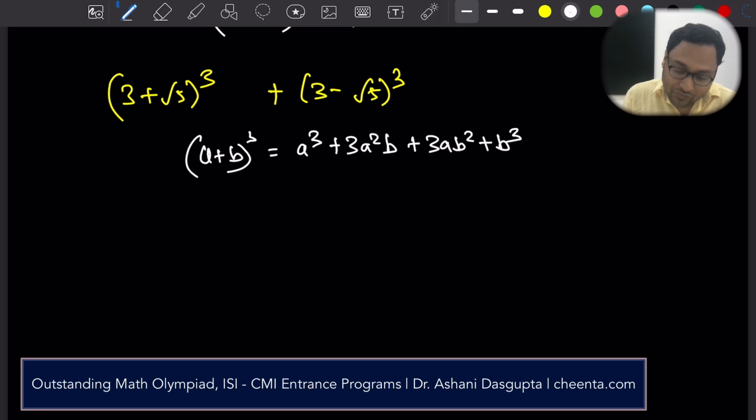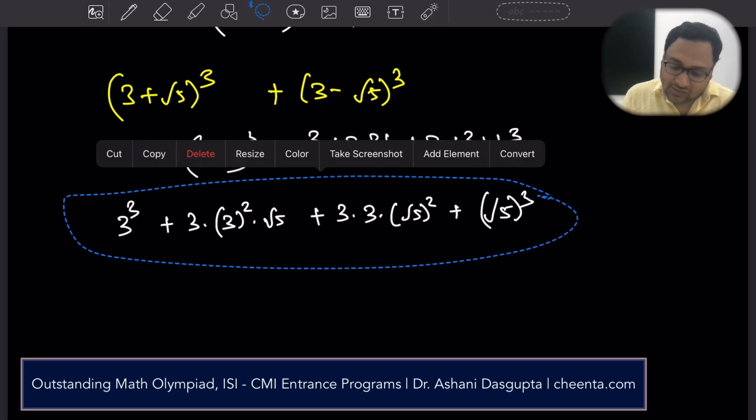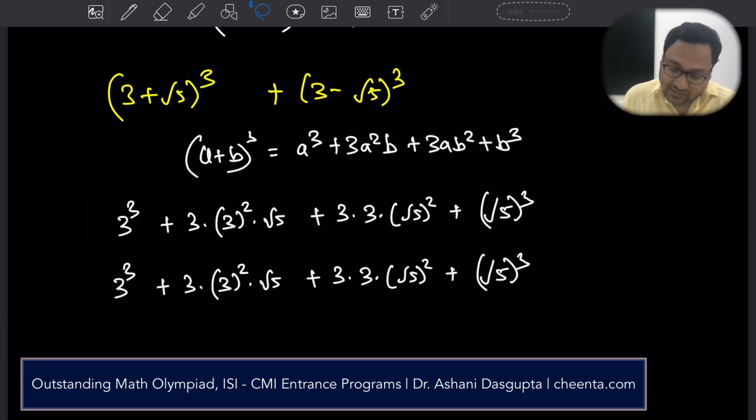So this is 3 cube plus 3 into 3 squared into root 5 plus 3 into 3 into (root 5) squared plus (root 5) whole cube. And we'll just use the (a minus b) whole cube formula, and the signs will just flip.